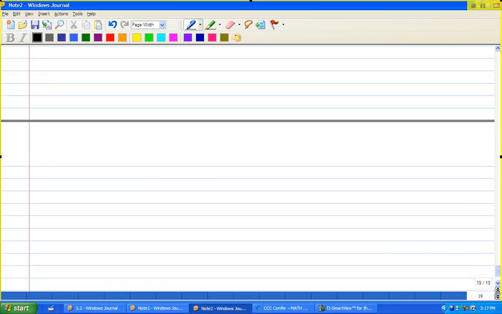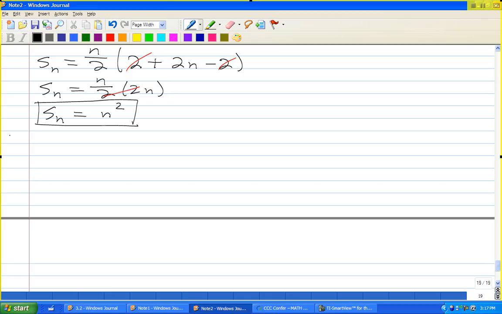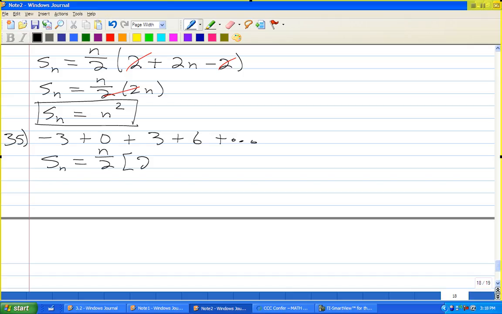35. Negative 3, 0, 3, 6, etc. So the sum of the first n terms is just n over 2 times 2a1 plus n minus 1 d.